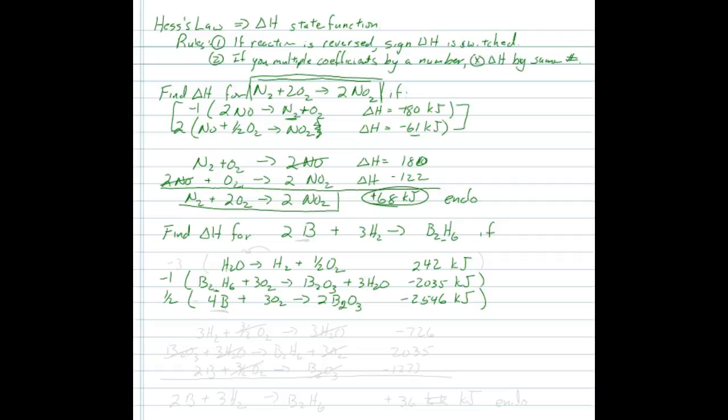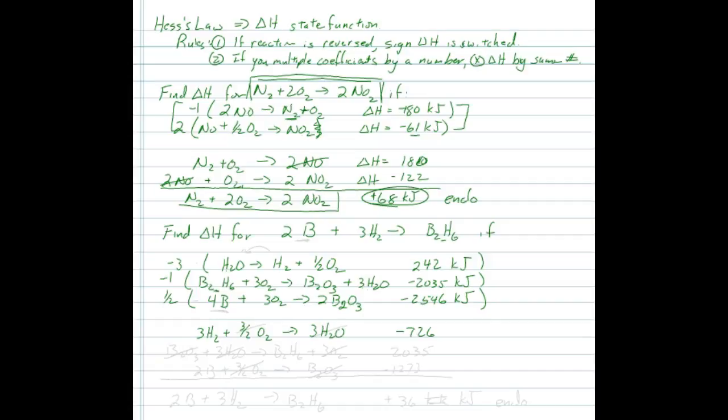Now remember, this is switching sides, so this one's going to switch sides and multiply by 3. You switch them around, you get 3H2 plus 3 halves O2 yields 3H2O, and multiply that by negative 3, negative 726.